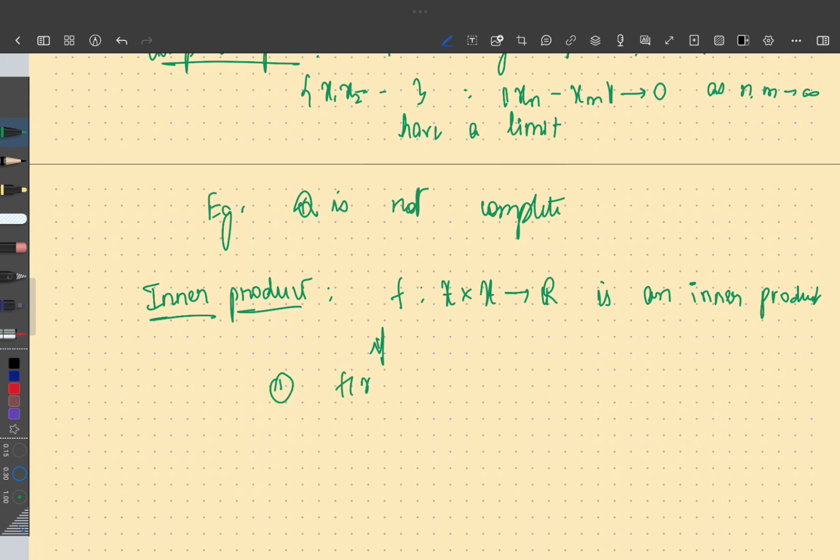One is that f of x comma x is greater than or equal to 0 for all x, and equality holds if and only if x is the 0 vector. So here we are assuming that X is some arbitrary vector space over R. No other assumption. It could be finite dimensional, it could be infinite dimensional.